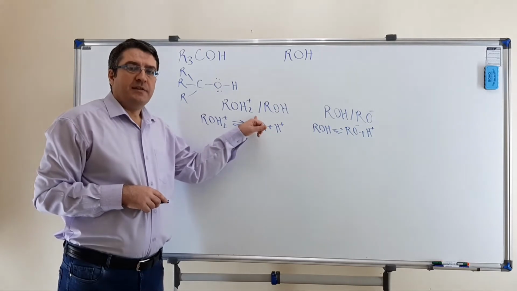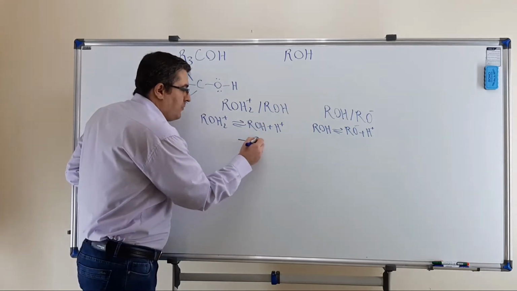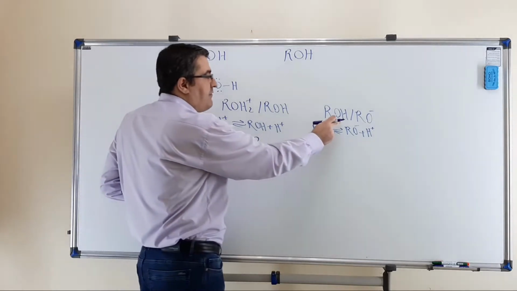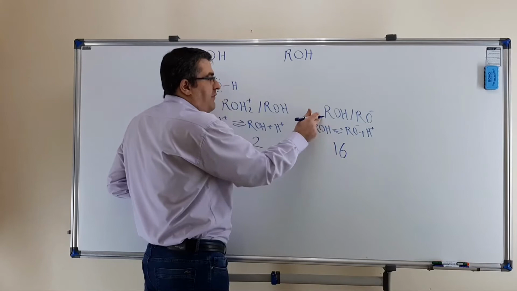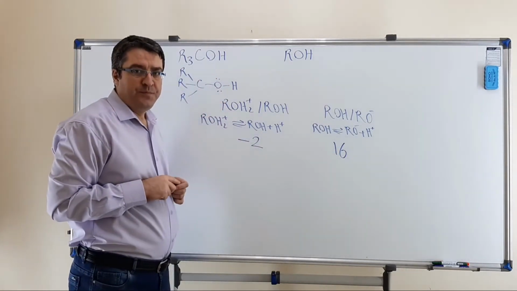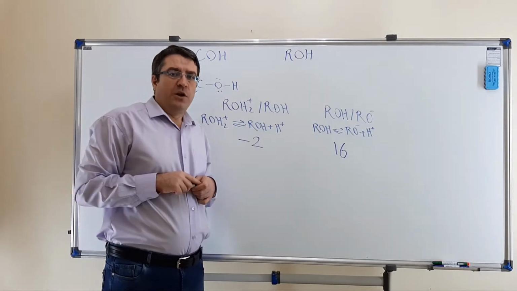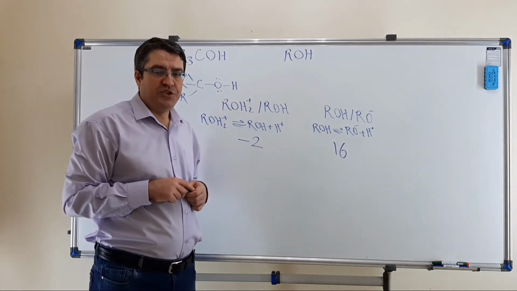For this pair, the value of pKa is about -2, while for this pair, the value of pKa, or acidity pKa, of alcohol as an acid is about 16. From one alcohol to another one, values of these pKa's can change.